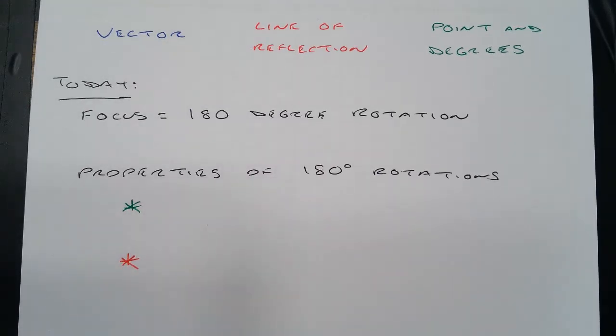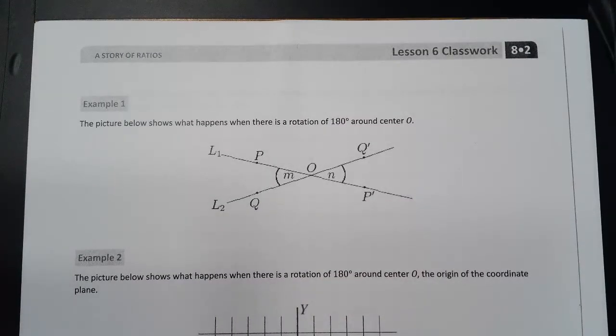But let's explore a little bit. Let's get our transparencies out. Let's start rotating and see if we can discover what those properties are through some work. So go to page 55 of your math book, and you'll see example 1. It says, the picture below shows what happens when there is a rotation of 180 degrees around center O. So this is just a demonstration.